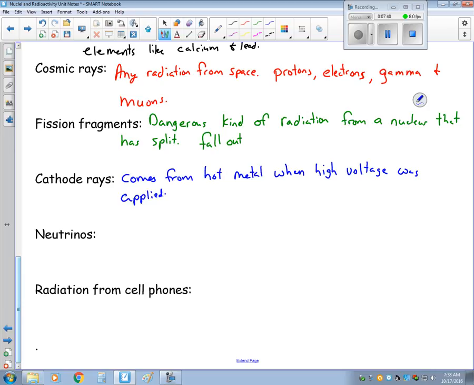For a long time, we weren't really sure what cathode rays were. Turns out they were electrons. So that was kind of a surprise.